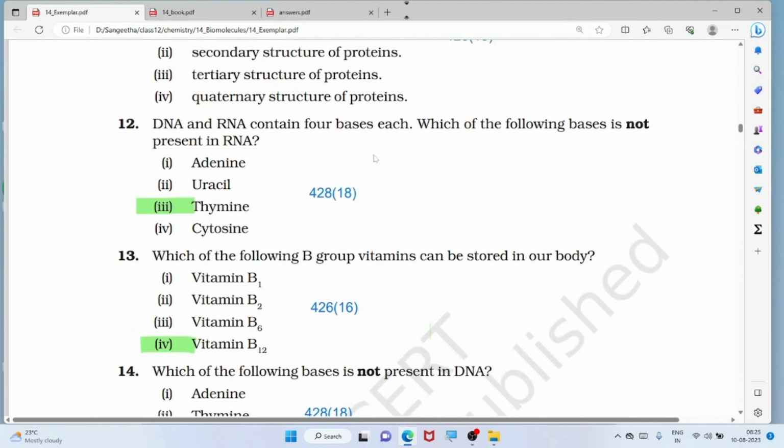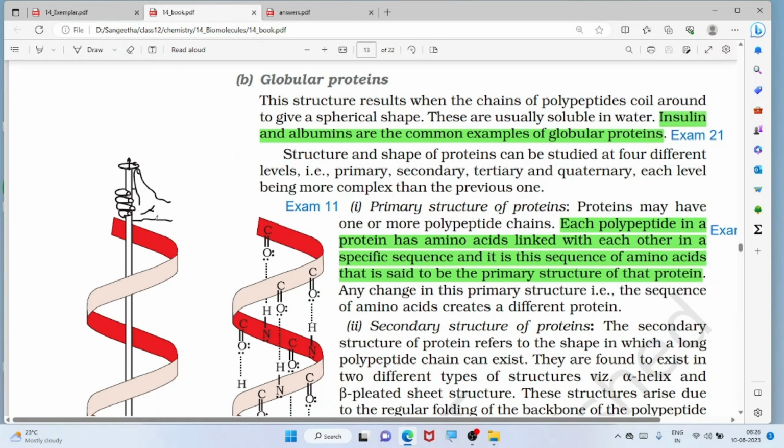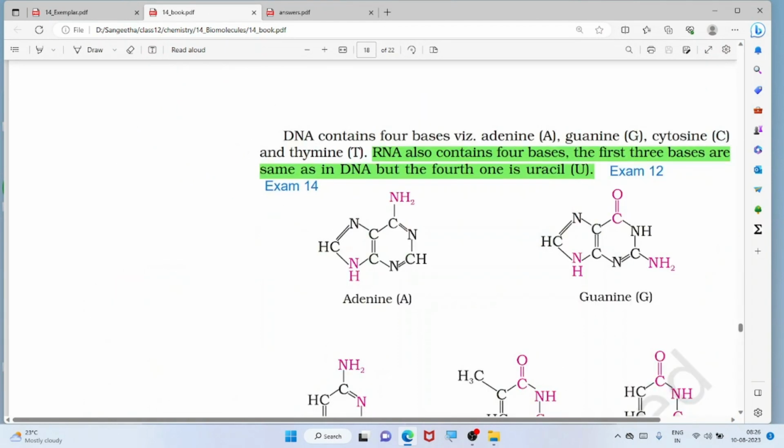DNA and RNA contain 4 bases. Which of the following is not present in the RNA? See, RNA contains 4 bases.